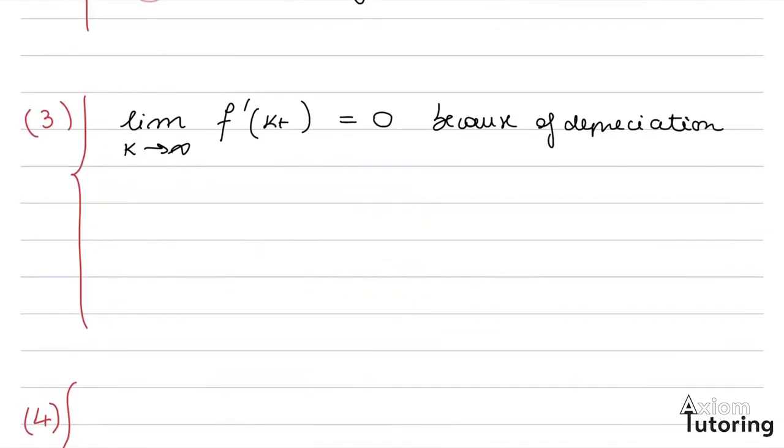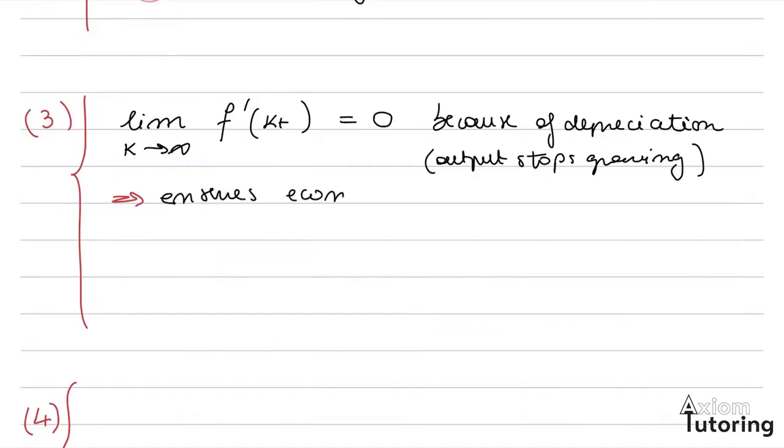What this basically means is that output stops growing as capital approaches infinity. Why do we need this? In other words, we are saying that the MPK approaches 0 as capital becomes abundant, and we know that the MPK refers to how much additional output occurs when capital increases. This ensures that the economy doesn't grow infinitely.